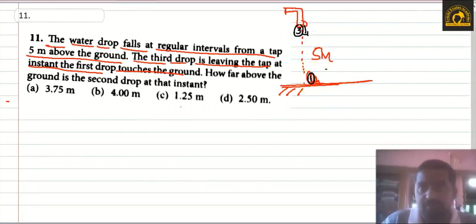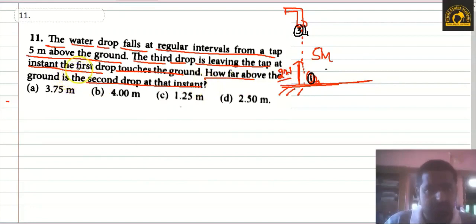So the question asked in this problem is: how far above the ground is the second drop at that instant? At that instant means we don't know the time yet. What is the height of the second drop?